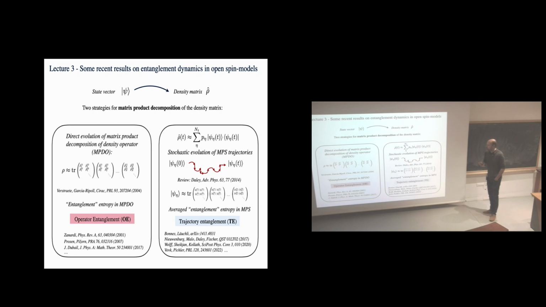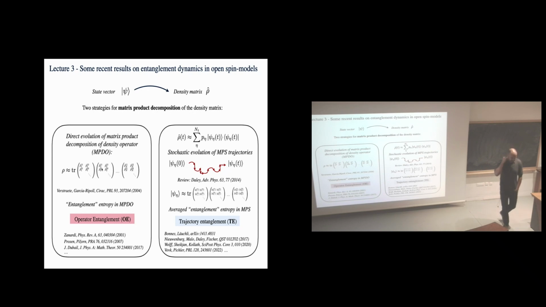I introduced both of them in this lecture. The last thing I introduced was this matrix product density operator. So this is just using the MPS trick applied to a density matrix. Instead of having my virtual matrices with the elements being little state vectors, I can write down these matrices with elements being little density matrices.